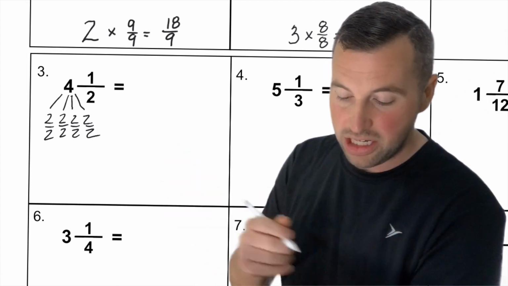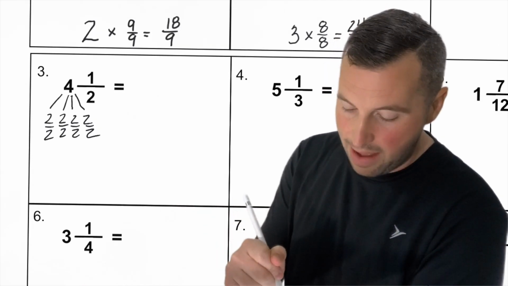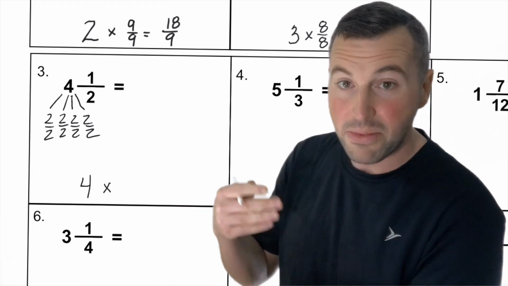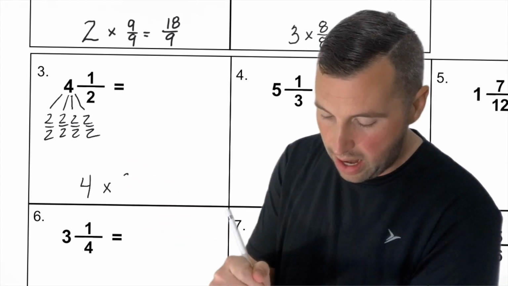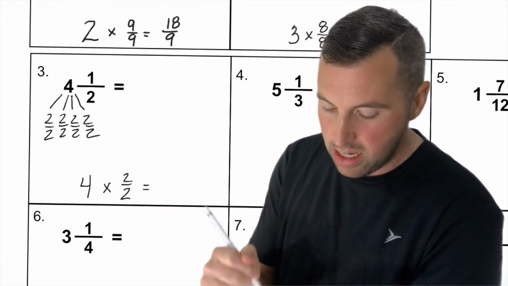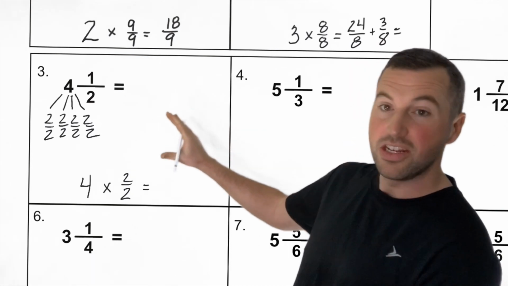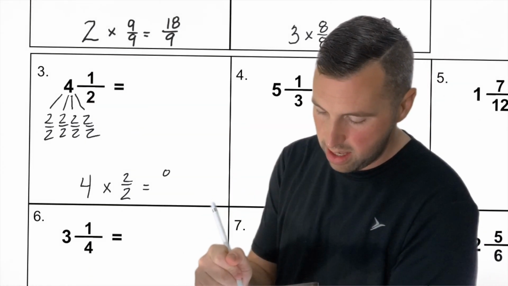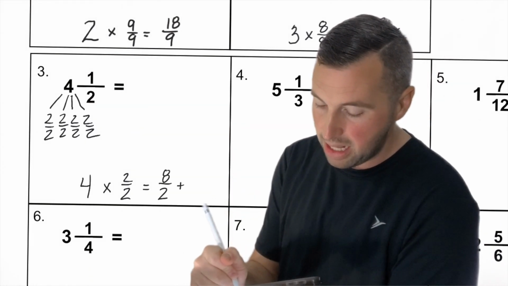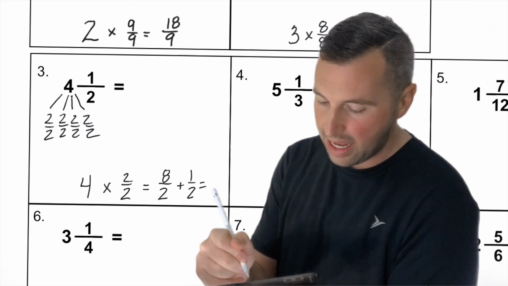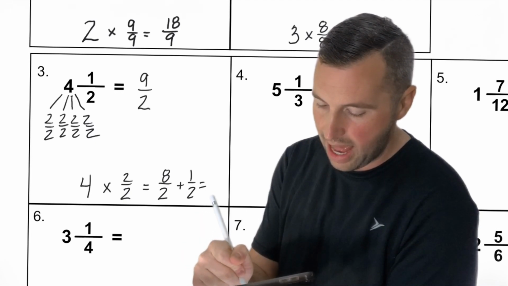But I'm going to go ahead and just represent that. So I have 4 of, remember, of means times, 4 of the 2 halves. 4 times 2 equals 8 halves, plus the extra half gets me 9 halves.